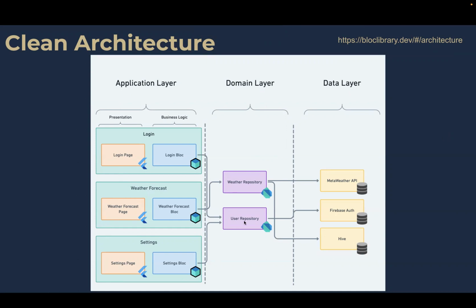The data layer is where you would get in raw data from like a weather API, from Firebase, etc. And this domain layer is the bridge between the two, and it will gather and format data from raw data sources and then make it easily usable and digestible by blocs. It's a nice way to separate functionality within the app and gives you guardrails for how to design certain features.